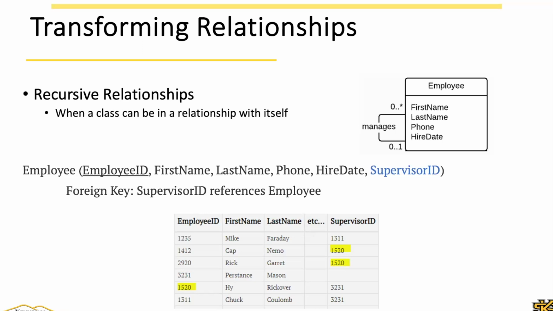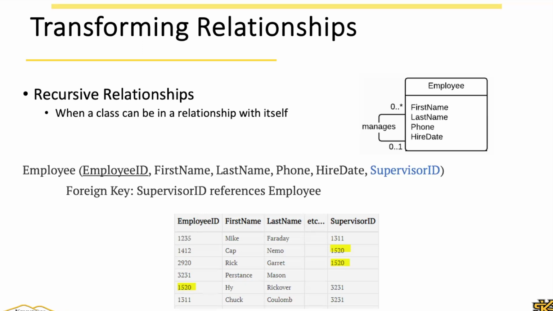The challenge is how to designate which employees are managers or supervisors. You cannot simply add another employee ID column because it would violate referential integrity. All attributes within the table need to have unique and meaningful names. Instead, you can introduce a new attribute such as supervisor ID, which represents the manager or supervisor of the employee.